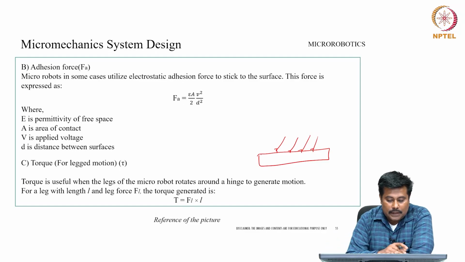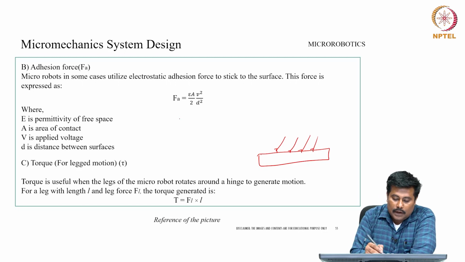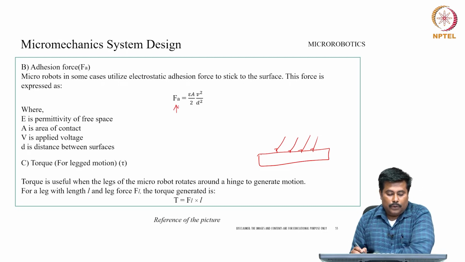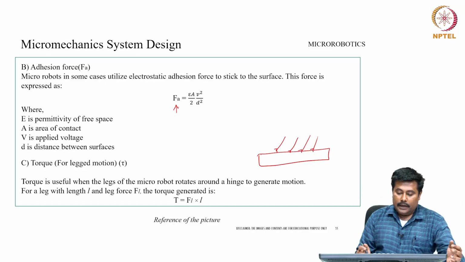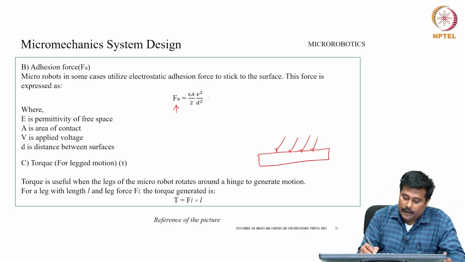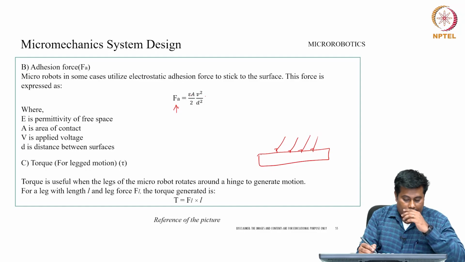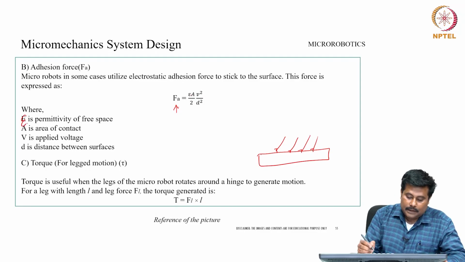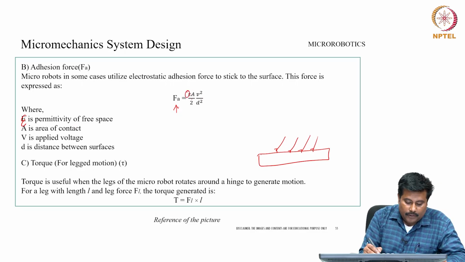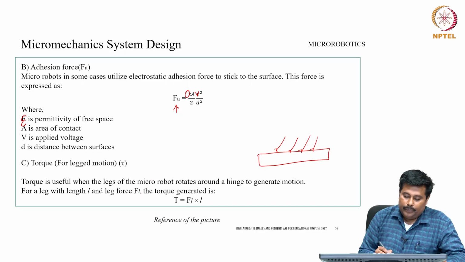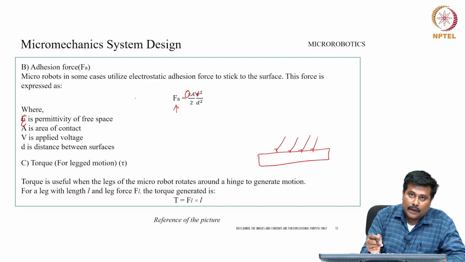So, in those conditions there is a need to consider the adhesion force. The adhesion force here is epsilon A V square by 2 d square, where epsilon is the permittivity, A is the area of contact, V is the voltage applied and d is the distance between the surfaces.